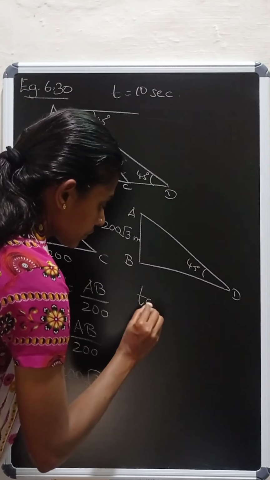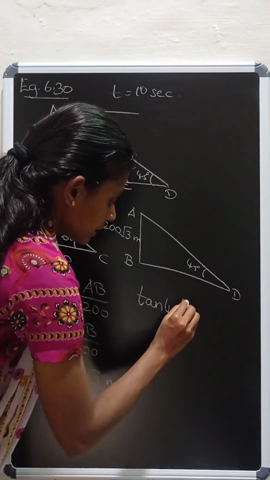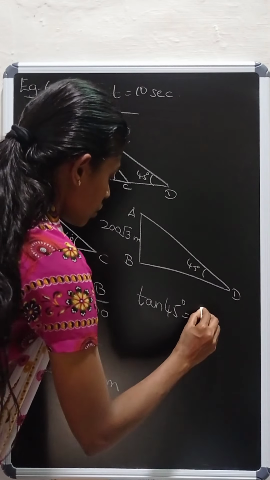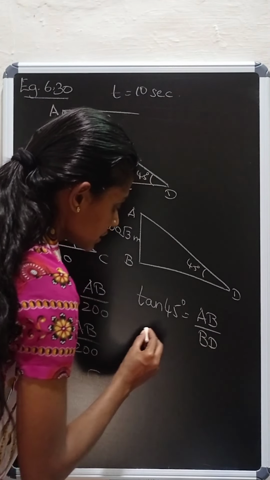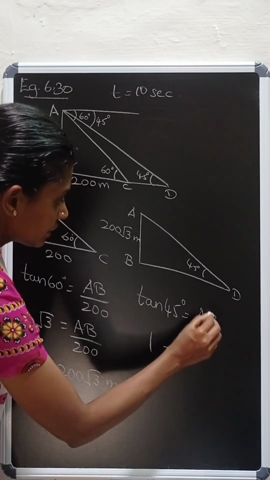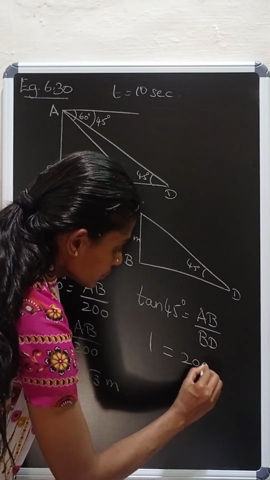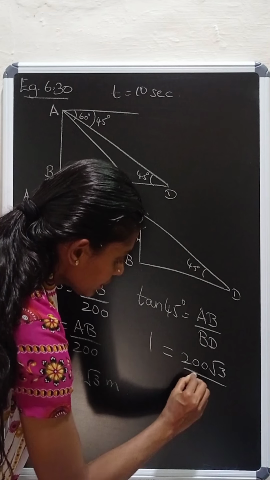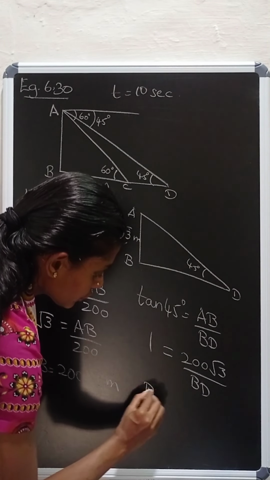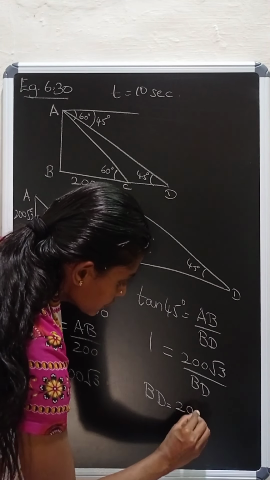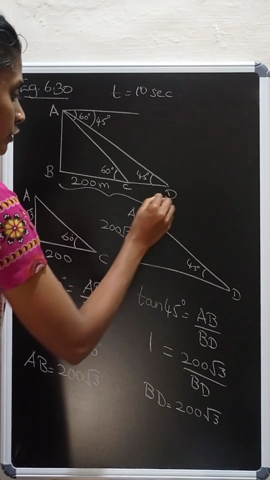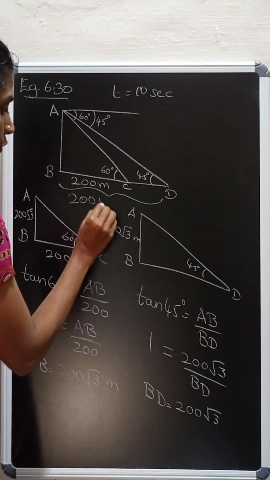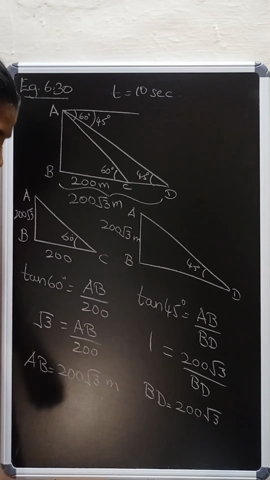Now here tan 45 degrees is equal to opposite by adjacent, AB by BD. So tan 45 value is 1, AB value is 200 root 3 divided by BD. So therefore BD is equal to 200 root 3. So see, the value of BD is 200 root 3 meters.